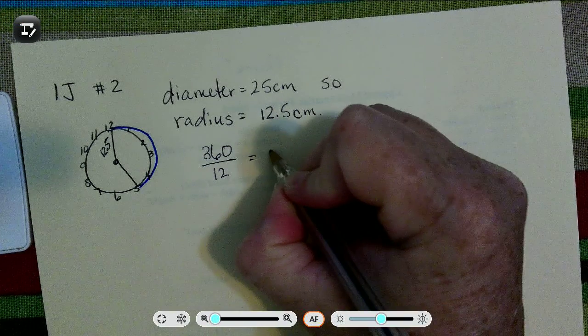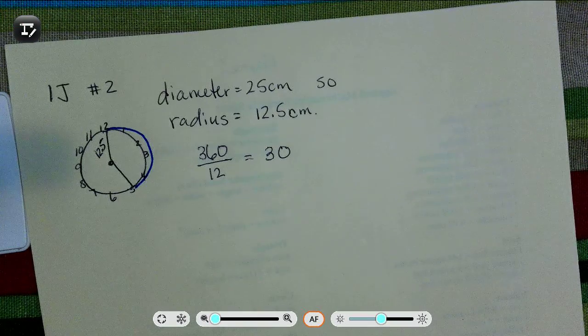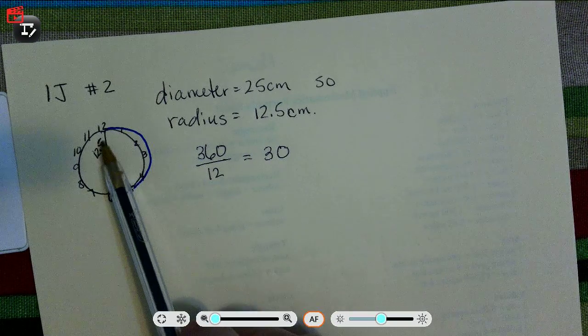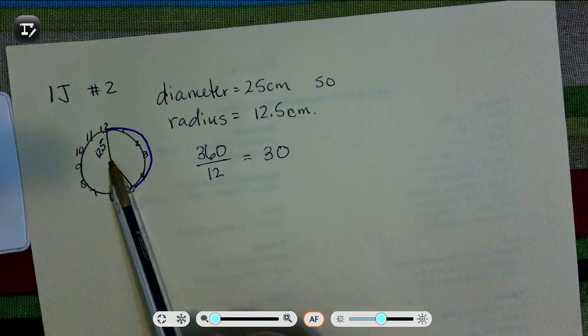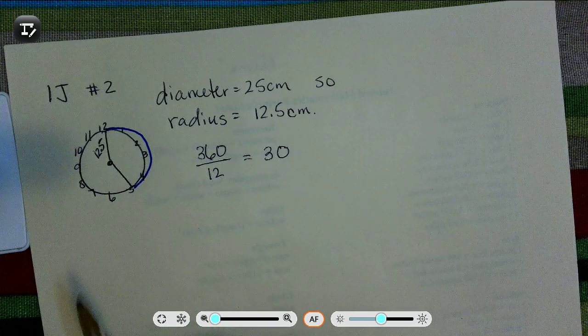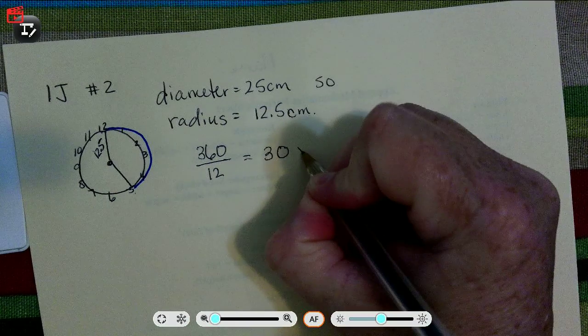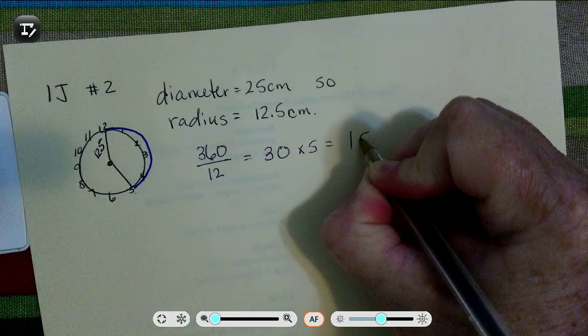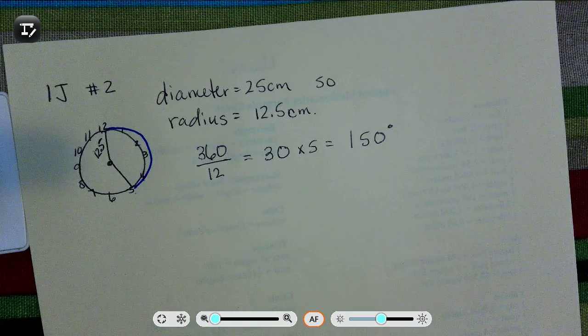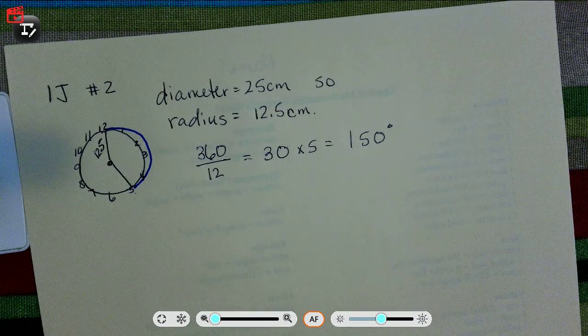And that's going to give me a value of 30. So the space from 12 to 1 is 30 degrees, and each one of these is 30. So since I have 5 spaces from 12 to 5, I'm going to times that by 5, and that gives me 150 degrees of this arc.